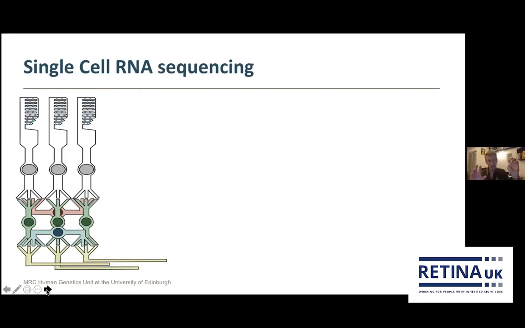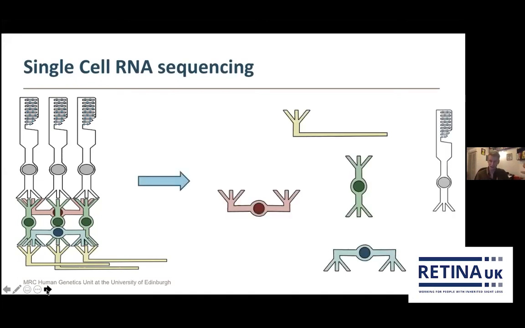So the new technique is called single cell RNA sequencing, which allows you to analyze the RNA that's being made in every single cell individually. And it's an incredible technique, and I'm just going to talk you through it slowly. So what we do is we take a retina of our RPGR mutant mice and of our healthy mice, and we dissociate the retina into all the different cell types.